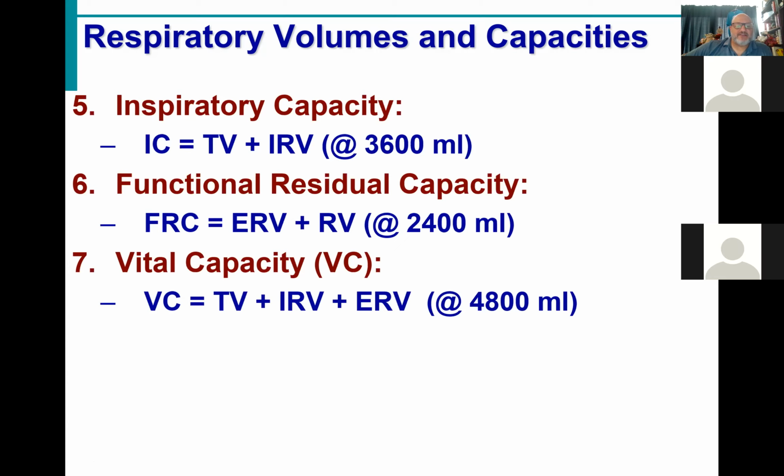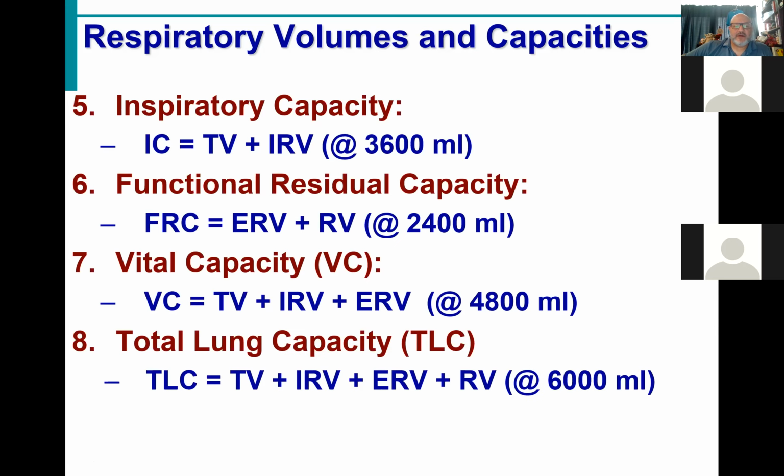My vital capacity: how much air I'm actually capable of moving in and out of my lungs. And a total lung capacity: how much air I'm capable of getting into my lungs, and it's about 6,000 milliliters.